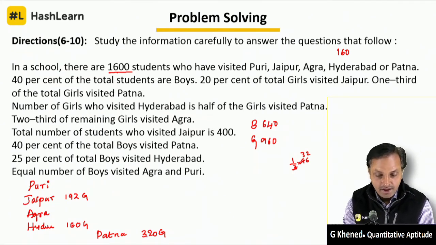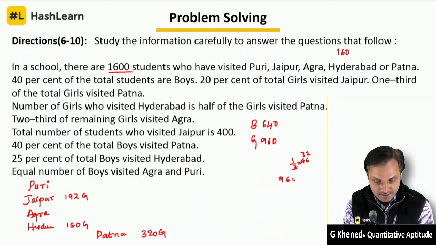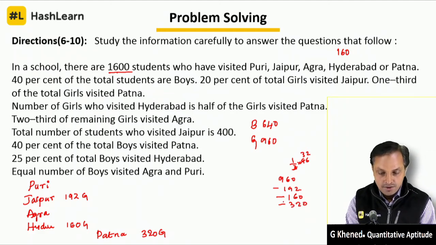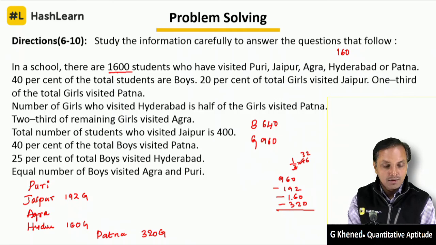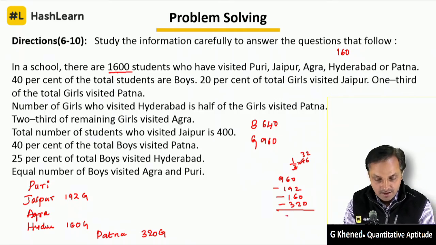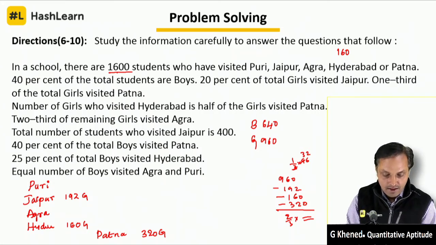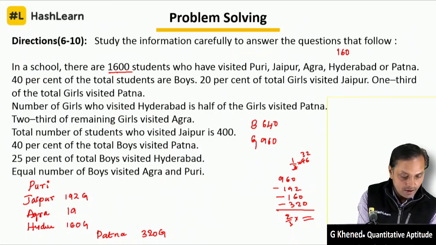So of the total 960 girls, you need to subtract 192, 160 and 320. For that number, 2/3 of the remaining girls are visiting. So once you do 2/3 of that, the number of girls will be 192 for Agra.